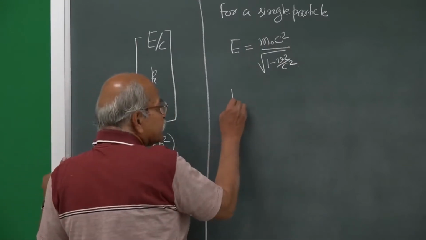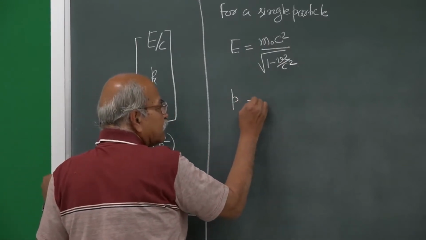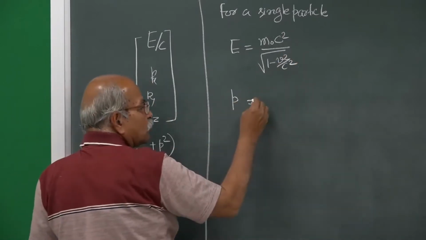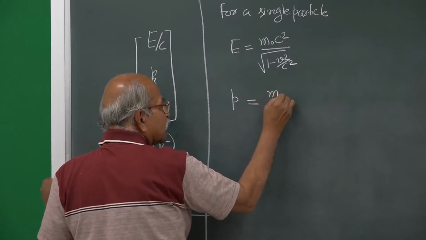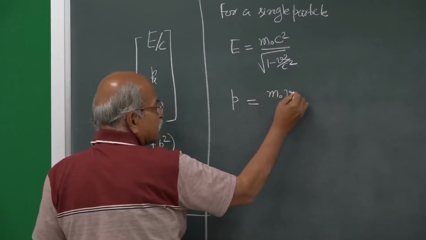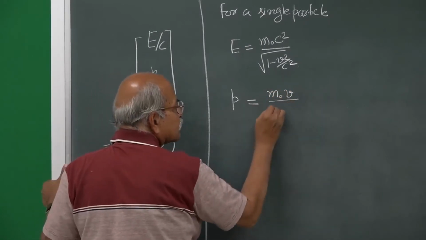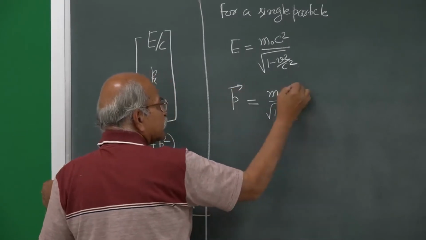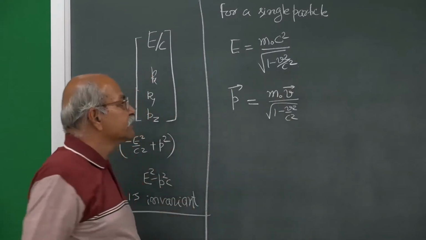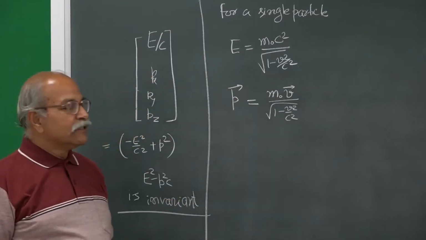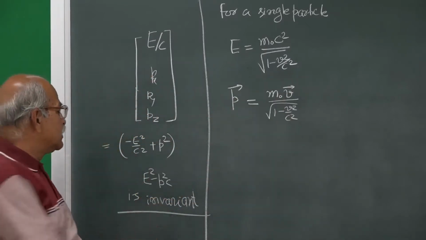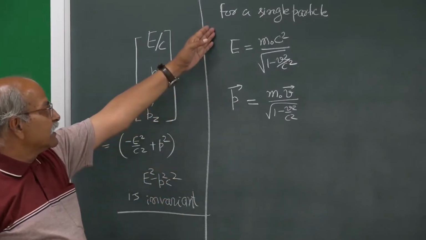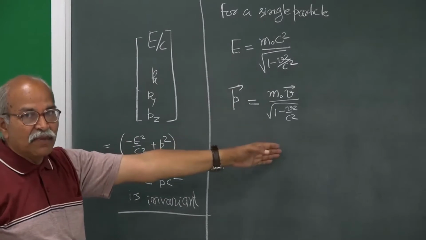and P is given by, let us take it going in x direction. So, P will be m naught times V and then gamma, that is square root 1 minus V square by C square. If you take the vector, it is this, that is P. So, what is E square minus P square C square? For this particular case, a single particle, you can calculate from here.